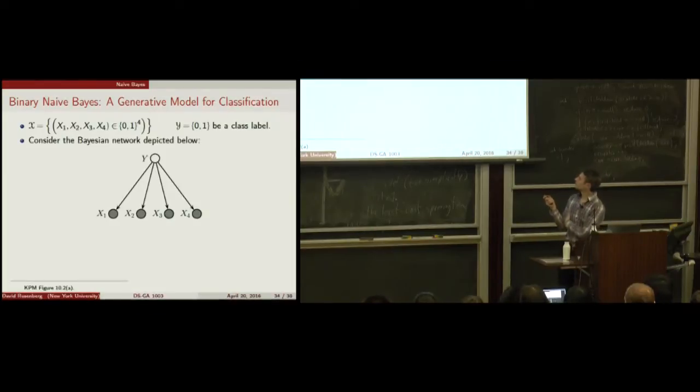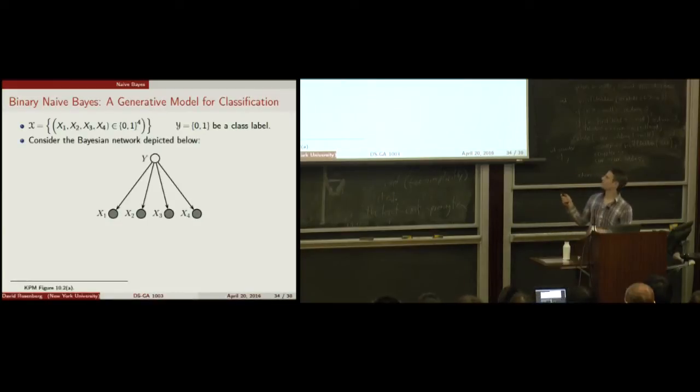And then we can make a probability distribution. What do we need to specify for this naive Bayes, for this Bayesian network? How many parameters would we need to specify this Bayesian network? Think about it. 8, 4, 5.